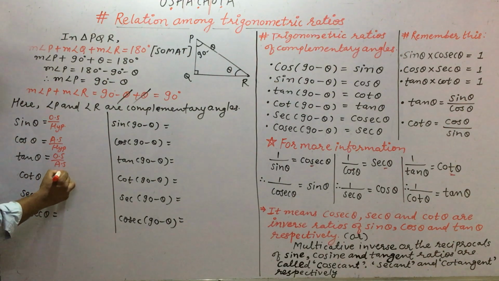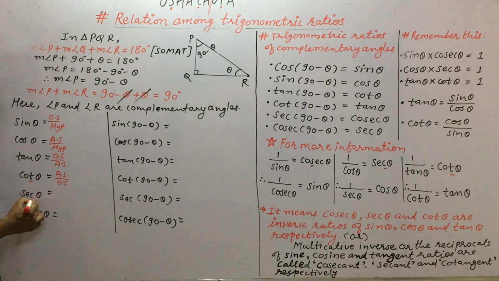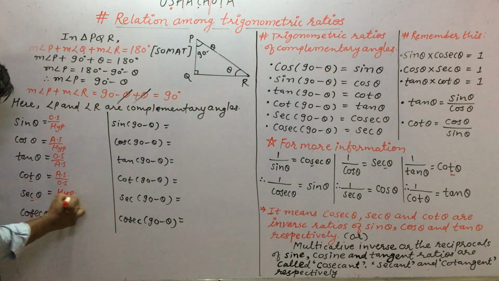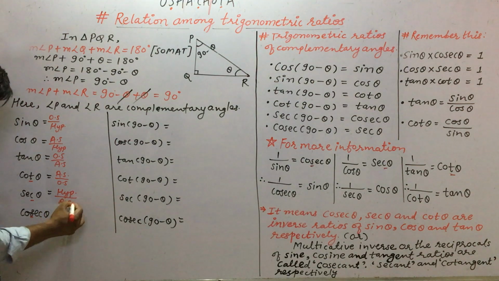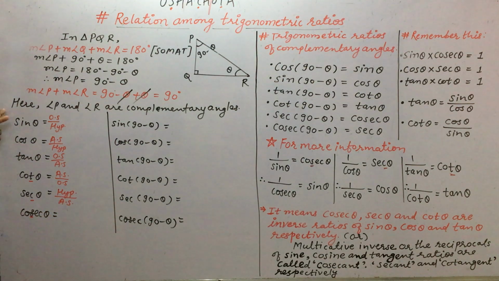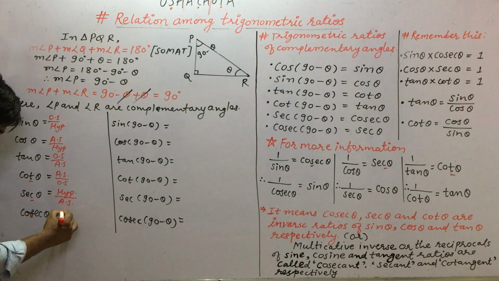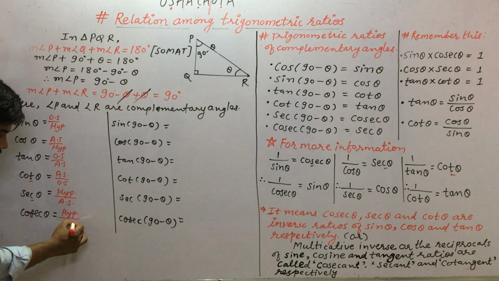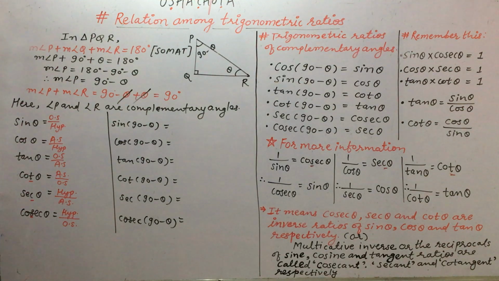And how do we calculate the rest? For cot, we have to concentrate on the third letter of these ratios. So cot is reciprocal of T, that is tan. Sec is reciprocal of cos, that is hypotenuse upon adjacent side. And cosec is reciprocal of sine, so this is hypotenuse upon opposite side. Fine.